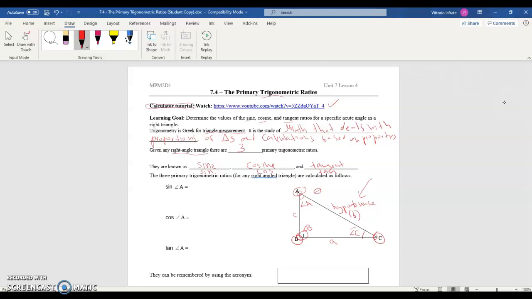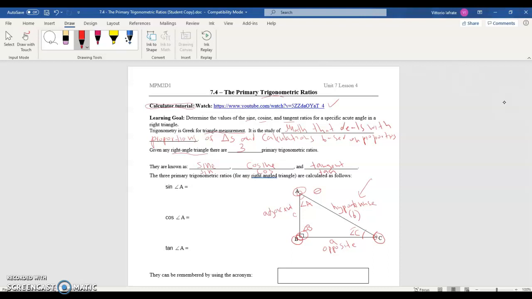So it is opposite to A. And side C over here, compared to A, is adjacent to A. It's touching angle A. So side C would be the adjacent, meaning touching angle A. So relative to angle A, side little a over here is opposite, and side C over here is adjacent.